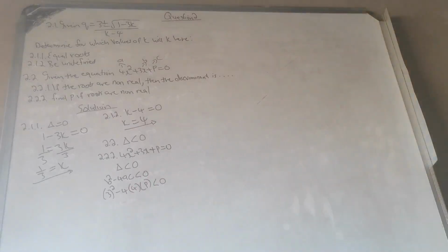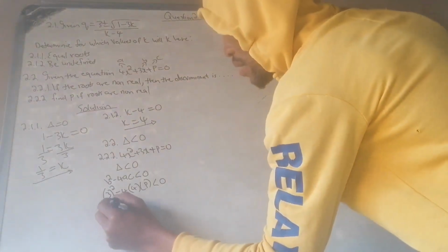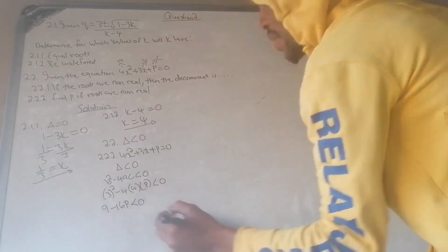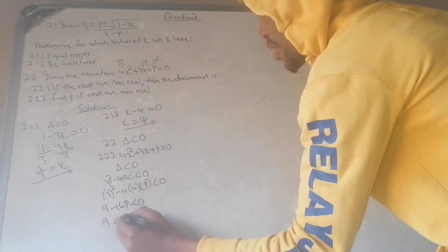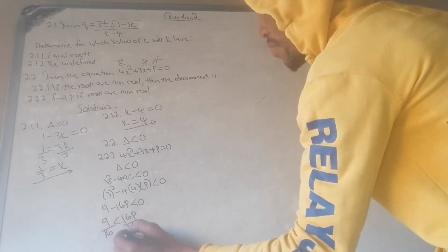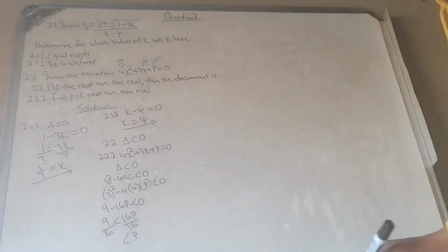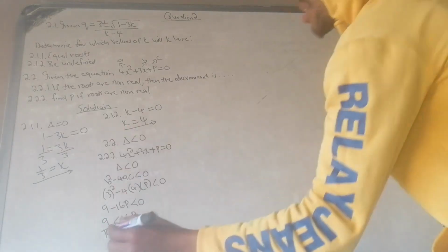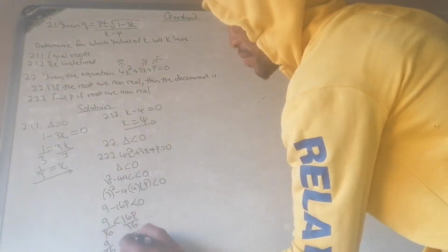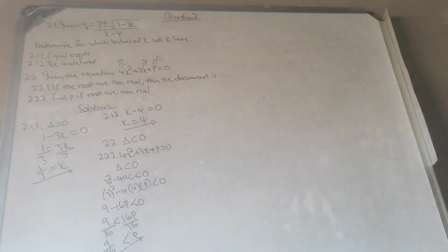This must be less than 0. So 9 minus 16p is less than 0, 9 is less than 16p. This cannot be simplified. P must be greater than 9 over 16 in order for the roots to be non-real.